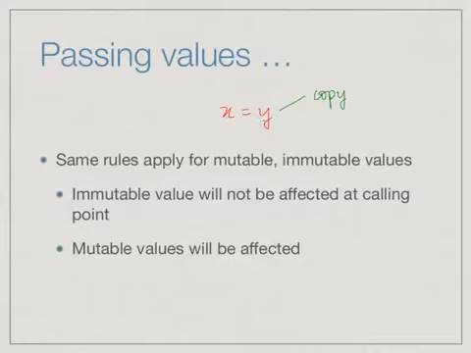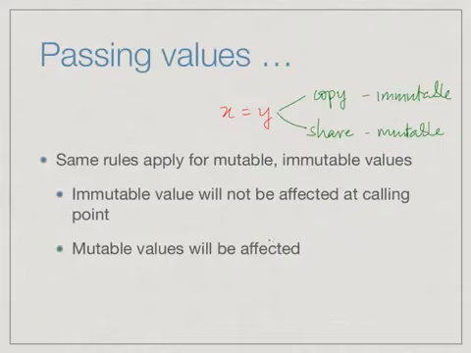So the value in x and the value in y are disjoint. This is if it is immutable. And if it is mutable, we said we don't copy, we share the value. That is, both names will point to the same copy of the value. So a change in one will also make a change in the other. That happens with mutable things like lists.